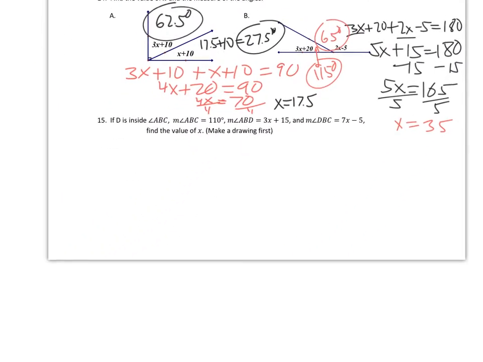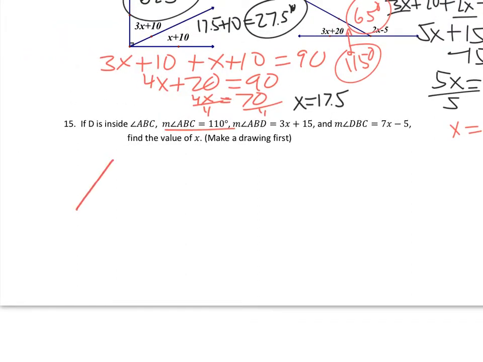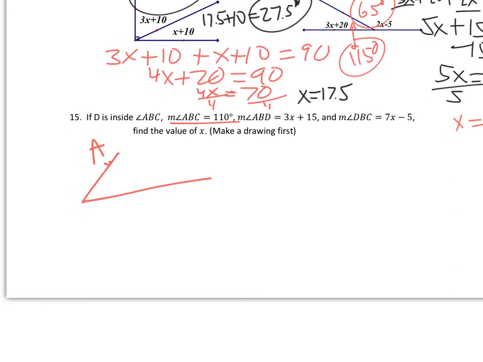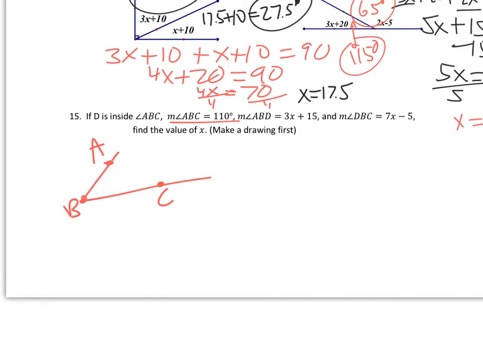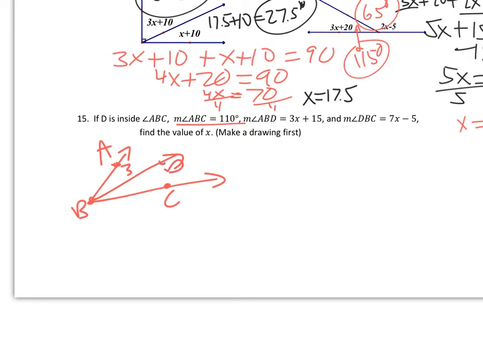So one more here. Now we have two angles. We've got angle ABC, so A, B, C, and we've got D in the middle of it here. We know that the whole ABC is 110. We've got ABD is 3x plus 15, and we've got 7x minus 5 here.